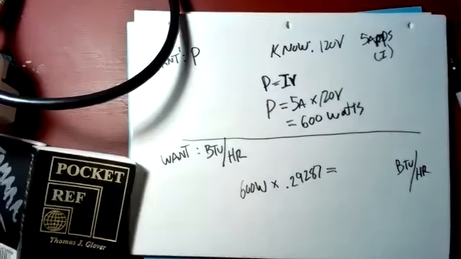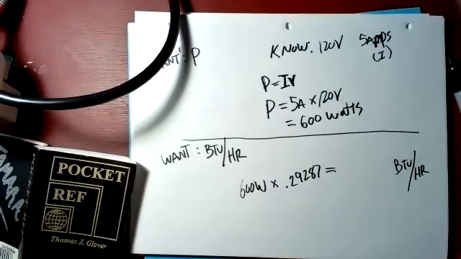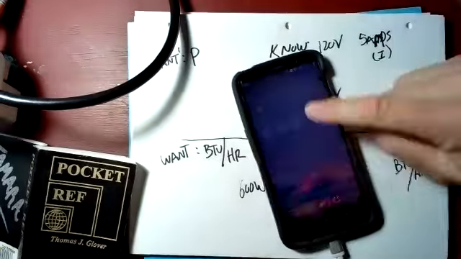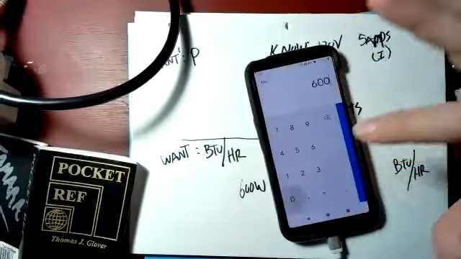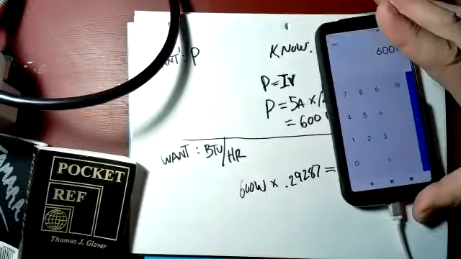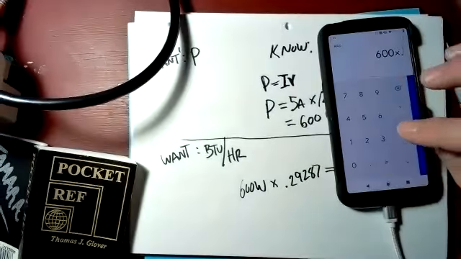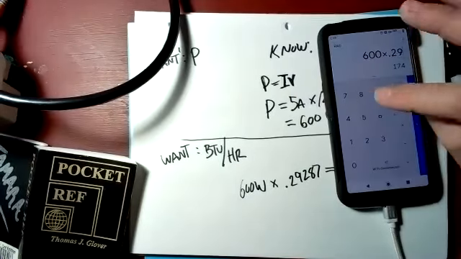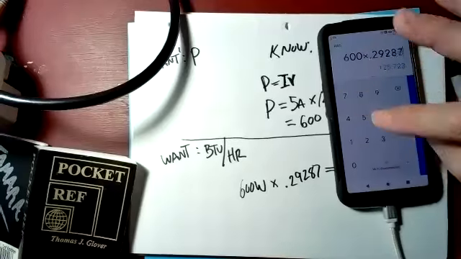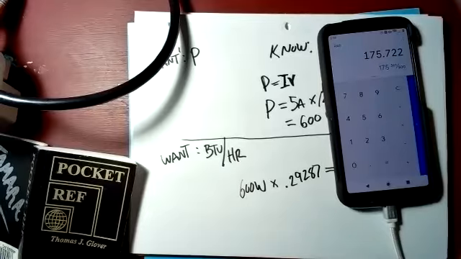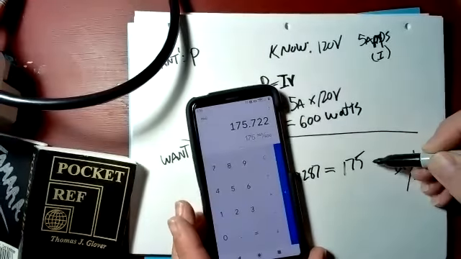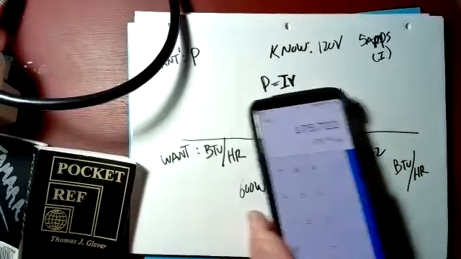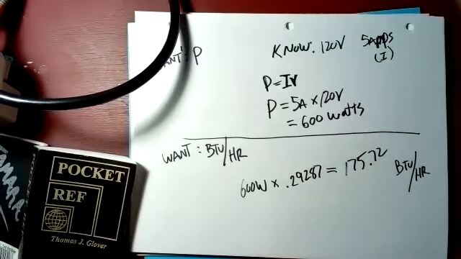Now, I also could have looked that up on the internet, but it wouldn't have been quite so clean. So now I'm going to get out my high-tech calculator. I'm going to type 600 times 0.29287 equals. So I am generating 175.72 BTUs per hour.